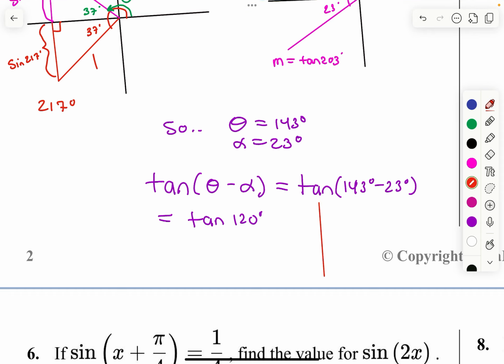And if I rotate 120 degrees, I see that the tangent would have to be negative root 3. And that's our answer.